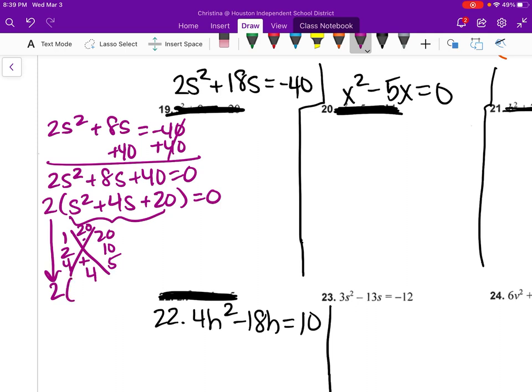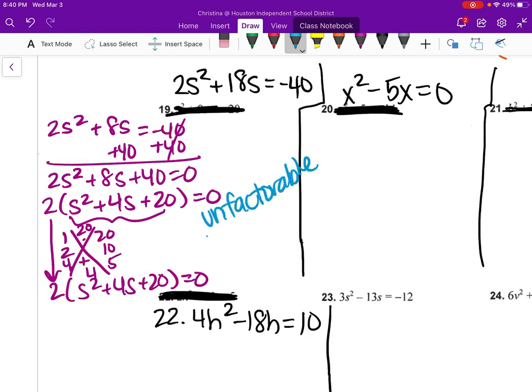So for this question here, s squared plus 4s plus 20 equals 0, there are no solutions that we can draw right now. For all we know, they might have an actual solution. They probably do, but we haven't talked about how to solve this. So for right now, I'm going to add a note to this that says this is unfactorable.